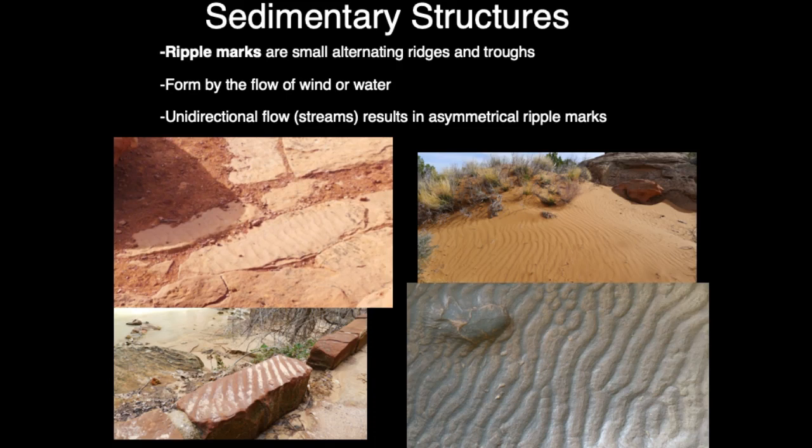So, for example, the bottom right image has symmetrical ripple marks where flow of the current was apparently east-west or west-east mostly, if you consider this to be west and this to be east. And the image on the top left has ripple marks that have a west to east flow, right? Because the steeper side tends to be on the eastern part, and the gradual slope tends to be on the western part.